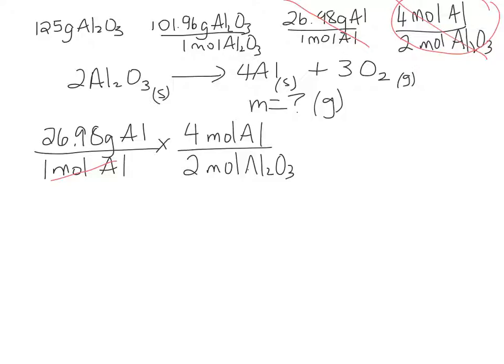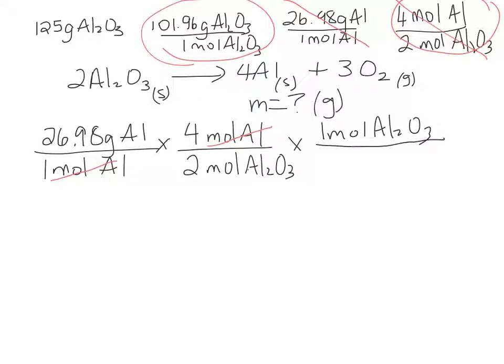Moles of aluminum cancel. But now we've got moles of aluminum oxide, and we want to get rid of that too. So we need something that has moles of aluminum oxide in it, and that's our molar mass. So 1 mole of aluminum oxide contains 101.96 grams of aluminum oxide.